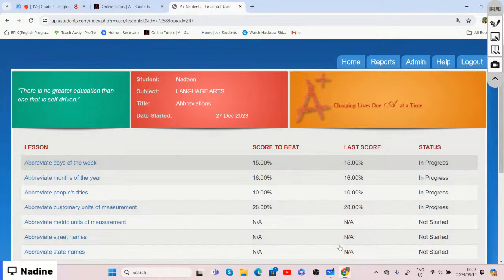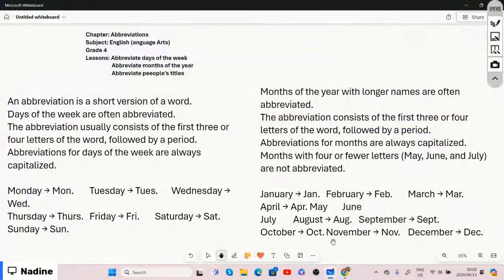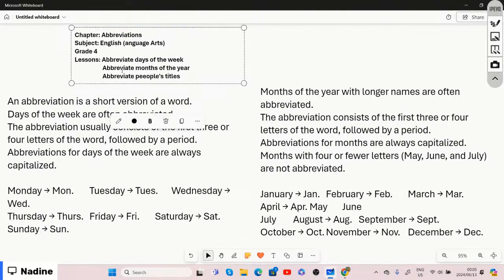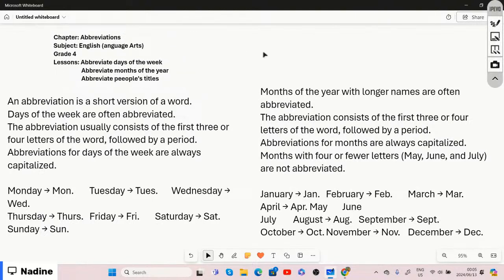All right. So we said our chapter is abbreviations. Our subject is English Language Arts, grade 4.